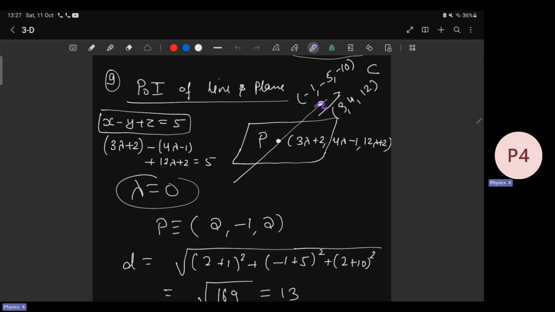And for this line to intersect this plane, these coordinates will satisfy the equation of the plane. So put these values in this equation and we are getting the value of lambda equals 0. If we put the value of lambda in these parametric coordinates, we will get the coordinates of P, that is 2, minus 1 and 2.